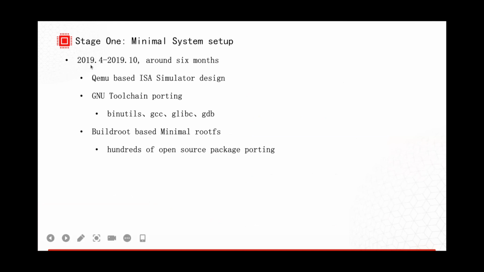In 2019, we spent around 6 months to set up the minimal system, including a QEMU-based instruction set simulator and the whole toolchain, and a minimal rootfs. It roughly consisted of hundreds of open source packages.